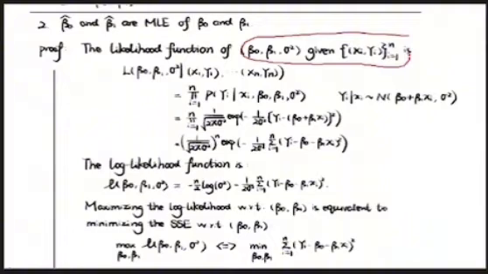Mu is actually the expectation of y, which is beta naught plus beta 1 x. So wherever I see mu in the normal density, I'm going to plug in that. So this now becomes f of y given beta naught, beta 1, and sigma. I have 1 over square root of 2 pi sigma squared, exponential raised to power y minus beta naught plus beta 1 x, all squared.